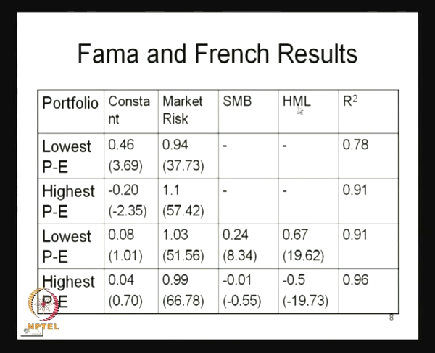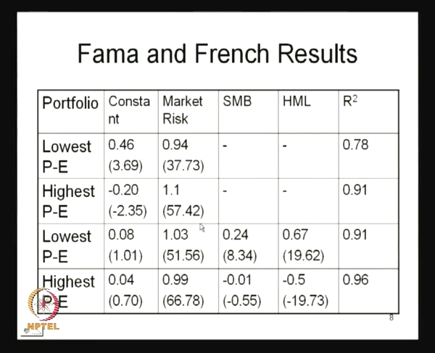Whenever they have taken only the market risk, like the capital asset pricing model, they found that the market risk is quite significant, the explanatory power of the model is quite high, and the goodness of fit of the model is quite high from the R square values. Fama and French found that the beta is 0.94 and 1.1 in this particular case, on the basis of the lowest P by E and highest P by E companies.